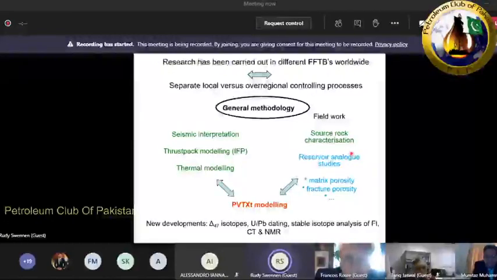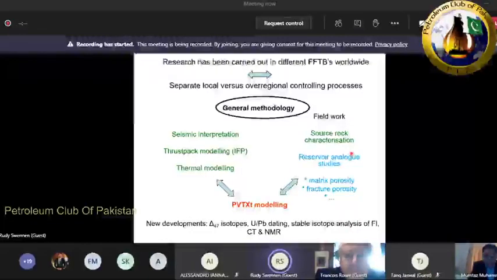So sequences in the outcrops which display the same sedimentary features as the reservoirs, as well as potentially the diagenetic overprint and structural deformation. So focusing on the one hand on the matrix porosity and its evolution, and then also on the fracture porosity, and trying to combine them to be able to understand the reservoir architecture.